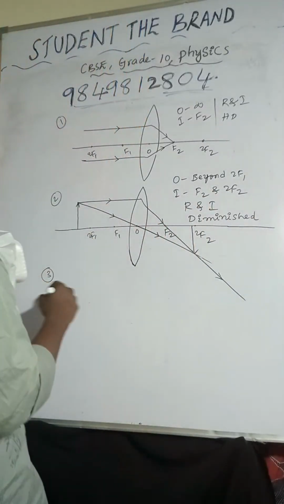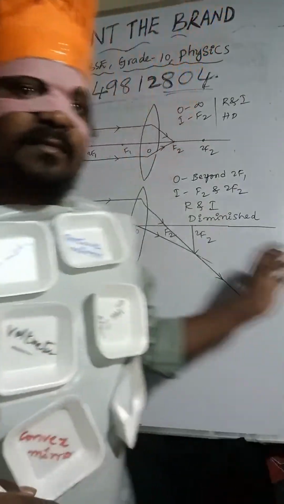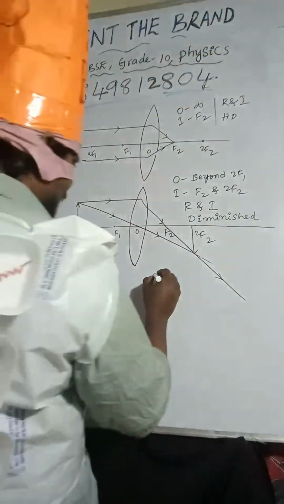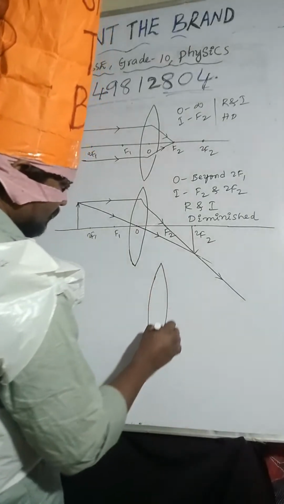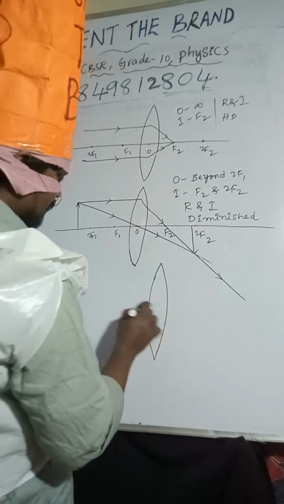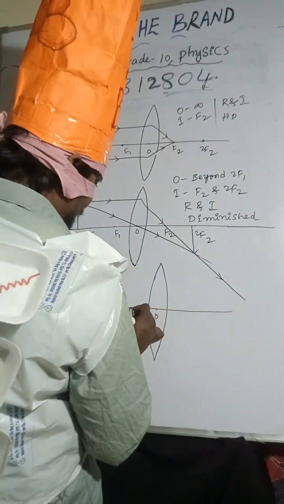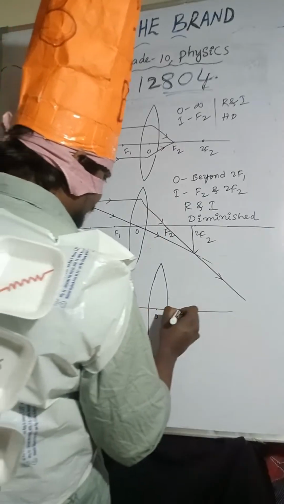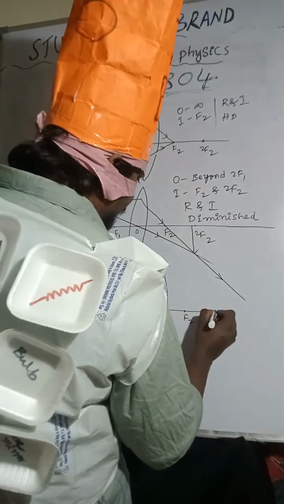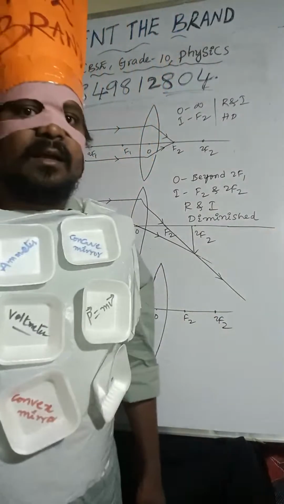Coming to the third one, the object is placed at 2F1. So this is the optic center, F1, 2F1, F2, 2F2.